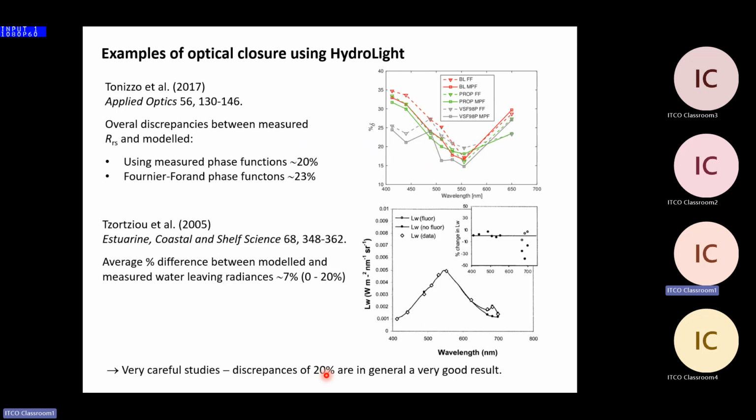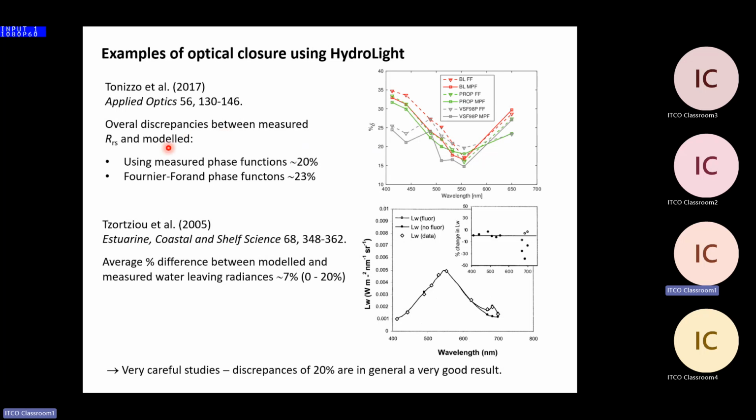So I'll just give a couple of examples of papers that have done optical closure using Hydrolight, and these are good examples, I would say, of what you can expect if you do these kinds of exercises. The first paper is from Alberto Tonizzo, and this is a comparison of remote sensing reflectance. These are very careful studies where people have made a real good effort to measure the IOPs carefully.